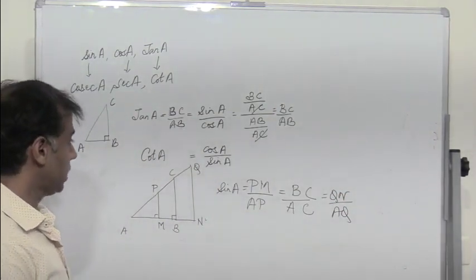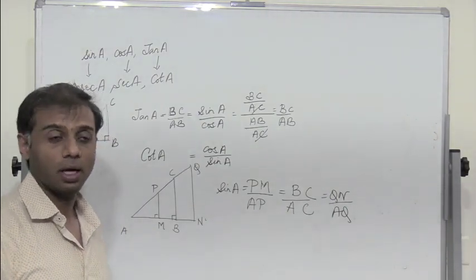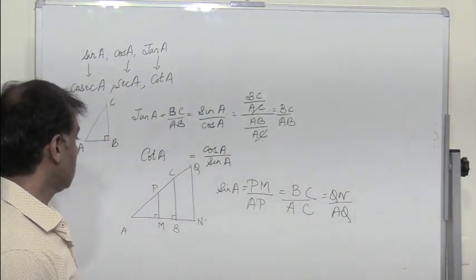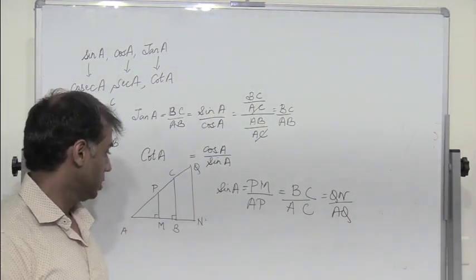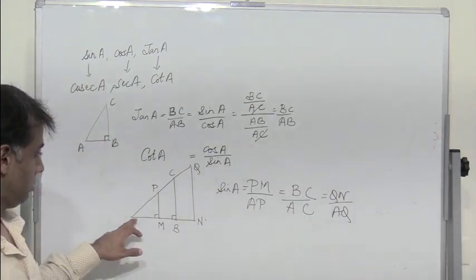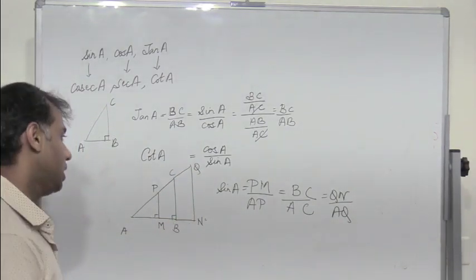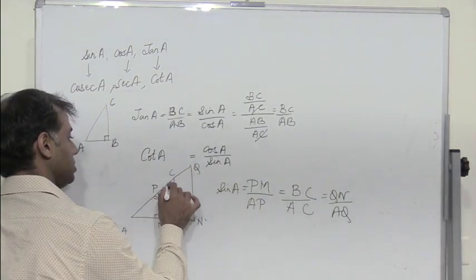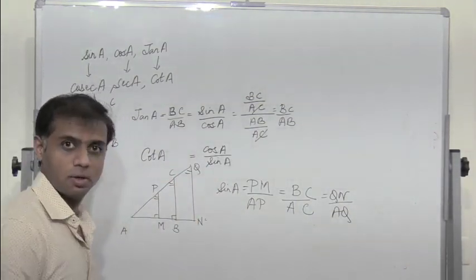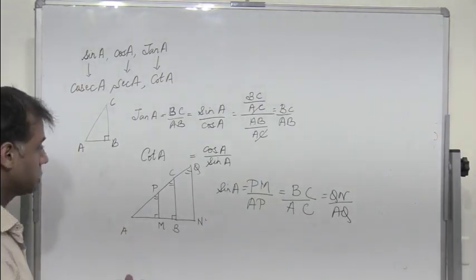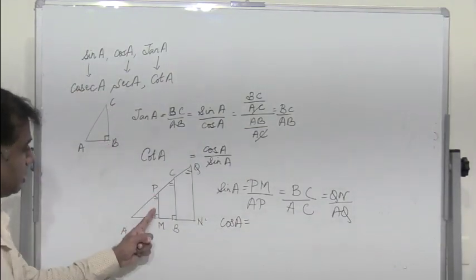Right? So here we find that the trigonometric ratios remain the same irrespective of the lengths of the sides of the triangle. The angle A is common for all the three triangles. This is 90, so definitely angle B, angle C and angle Q will also be equal. Therefore sin A remains common for all these three right angle triangles, and similarly cos A. What is cos A for the first right angle triangle APM?